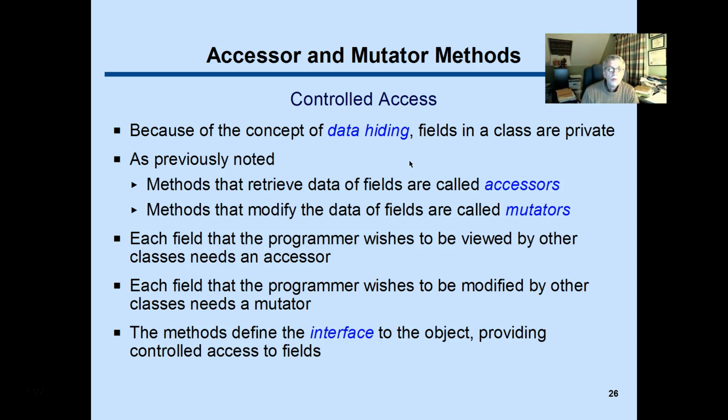You must go through the methods, the accessor and mutator methods, which provide what we're calling controlled access to these member variables. The methods that are accessible to us have all been defined as having public access. Hence, they constitute what's called the interface to the object. That's how we interact with this object, by going through those things that we can see that are public and hence made visible to us.